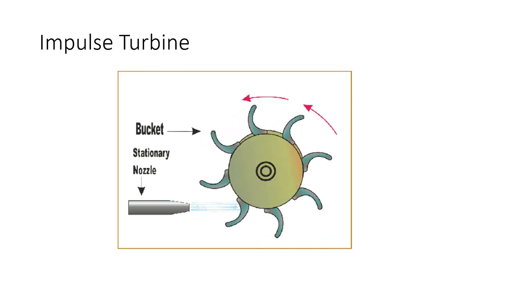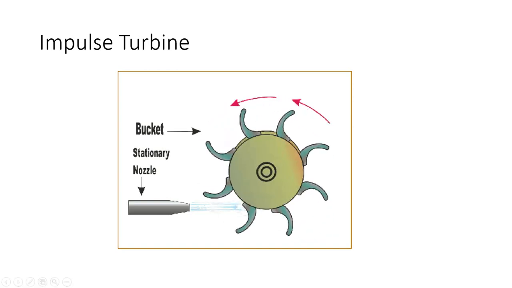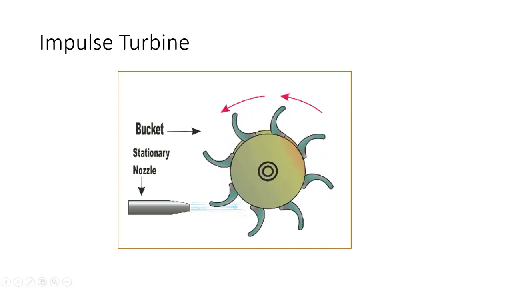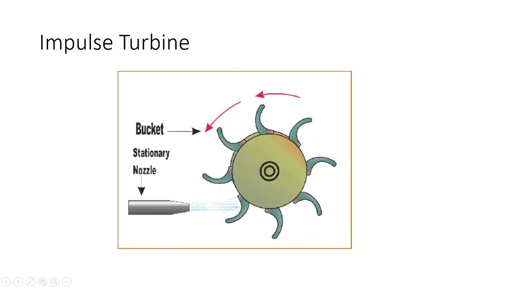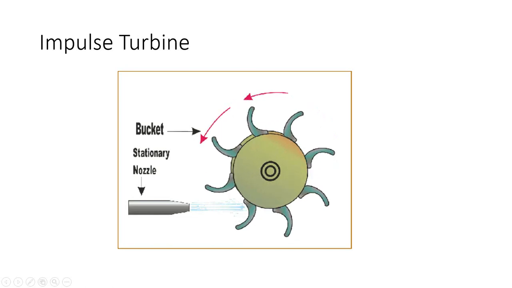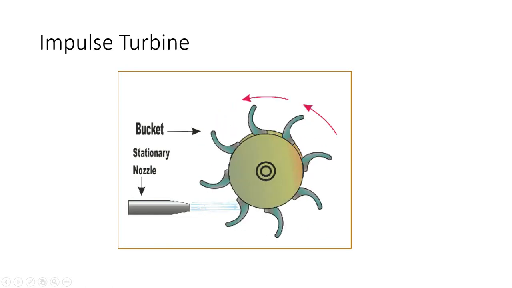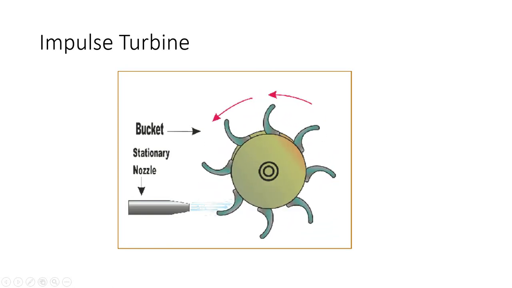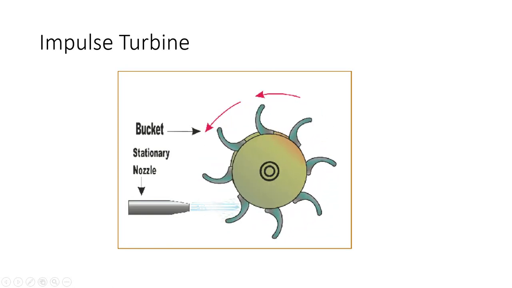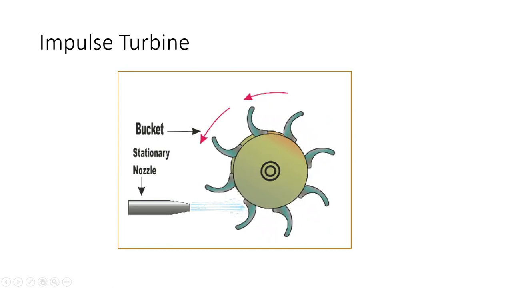If these are your blades, the working fluid, be it water, combustion gases or any type of fluid, is directly hit or will take a hit on the blades. This hit will tend to rotate the rotor, and thereby you are extracting the power.